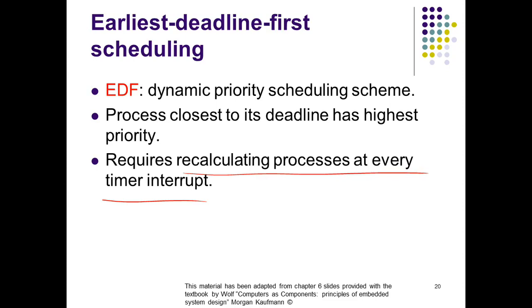If you have 100 processes, computing which is the earliest deadline and keeping track of that over time, every time you add a new process, earliest deadline first would get really expensive, and you'd need dedicated hardware to help you with this. So in practice, you don't often have earliest deadline first, but we'll show how it has various advantages in terms of scheduling.